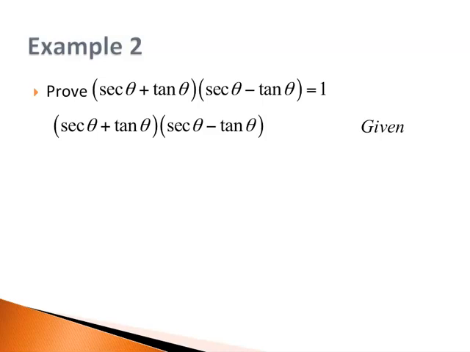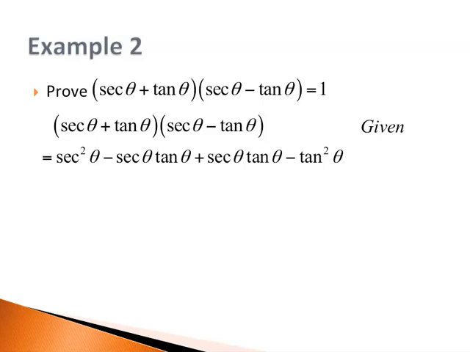So multiplying this out, we have secant squared minus secant times tan plus tan times secant minus tan squared. And it looks like those two terms in the middle, the minus secant tan plus secant tan, will cancel.